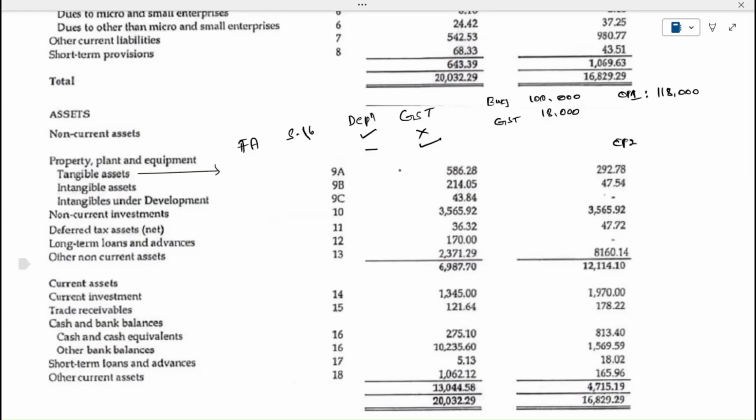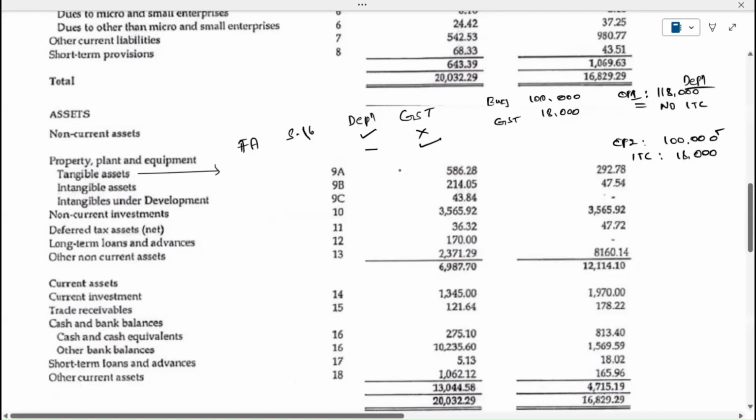Option 2, I'll claim depreciation only on 1 lakh. I'll claim ITC on 18,000. Because you are claiming depreciation on entire 1,18,000, no input tax credit is allowed in this particular option 1. In option 2, because only on 1 lakh you are claiming depreciation, we can claim input tax credit on 18,000.